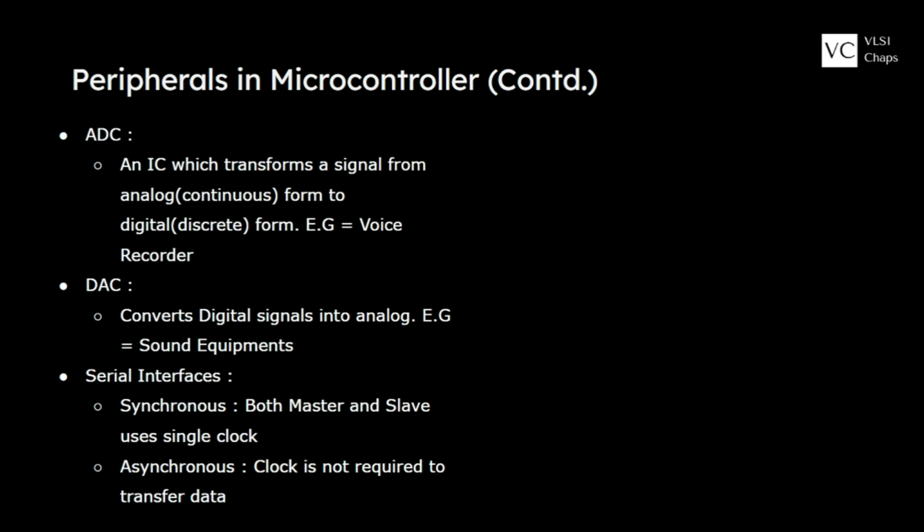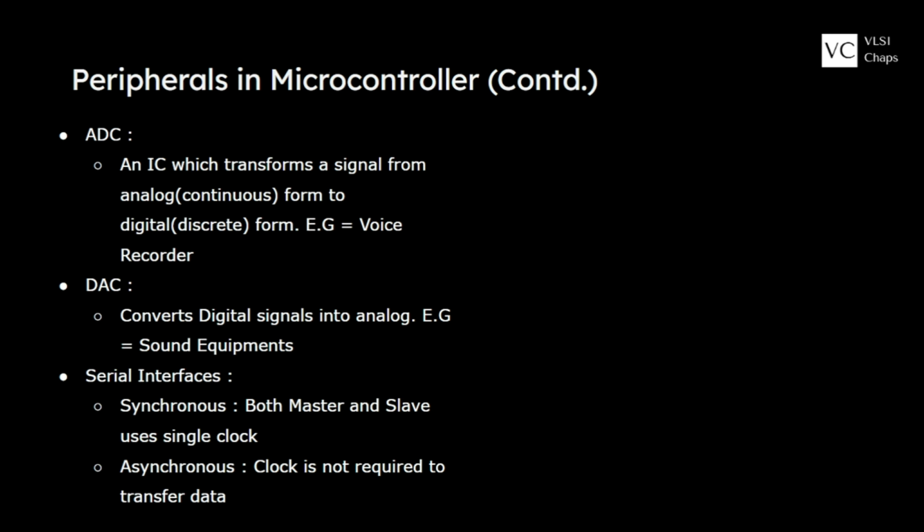So if we provide any signal which is in analog form, which is in human readable form, in order to understand and process that signal, we need to convert it into the digital or discrete form which a processor will be able to handle. For that, we need an analog to digital converter.